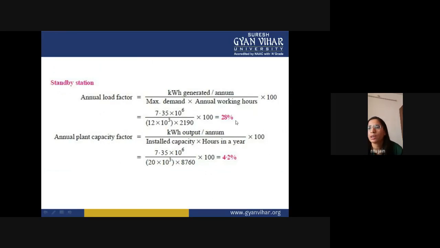So you can easily calculate the annual load factor for the standby station, which is 28%.